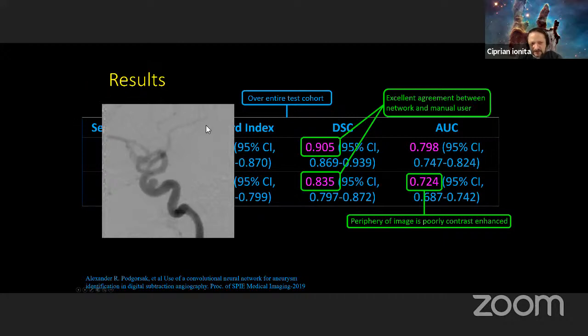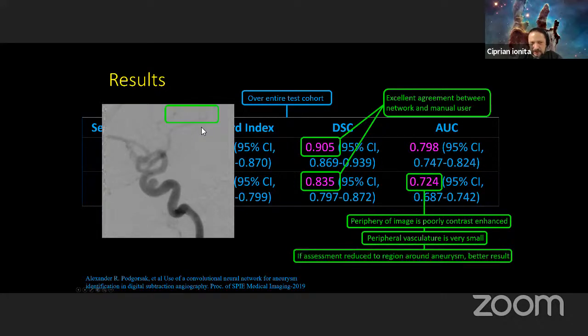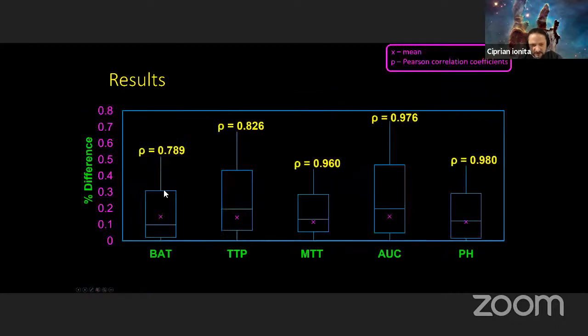We do not care about this artery. So the peripheral vascular, which is very small, is not segmented very well. I care about what is here, and in the area where the aneurysm is segmented, it does very well.